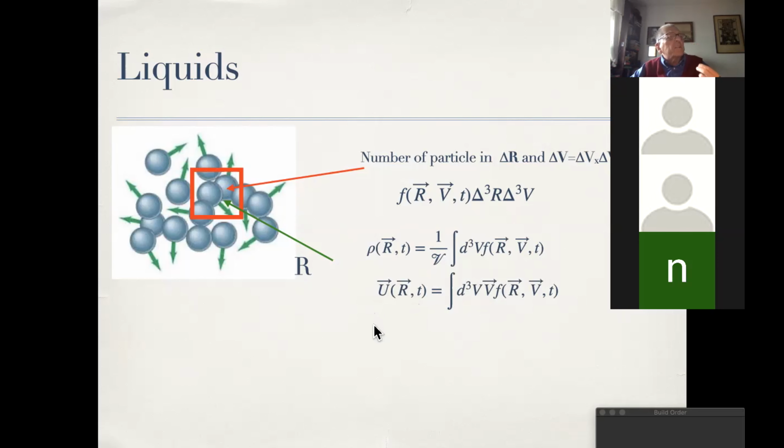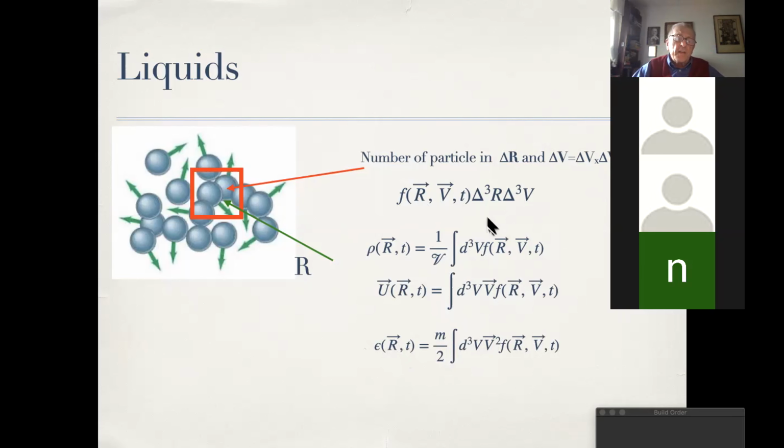And I will introduce a third quantity, which is the mean kinetic energy of the particle. If I integrate the function f, the probability of finding a particle at the place r with the velocity v at the time t, multiply by the velocity squared and sum over all possible velocities, that gives me how much kinetic energy is stored in the system at the position r at the time t.